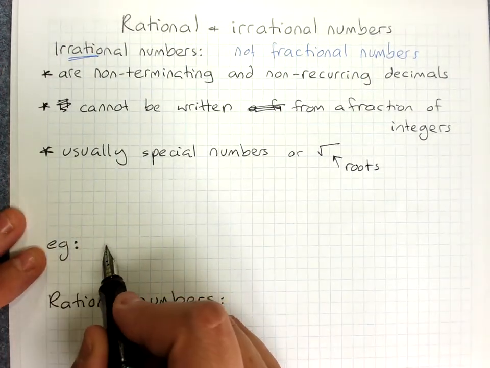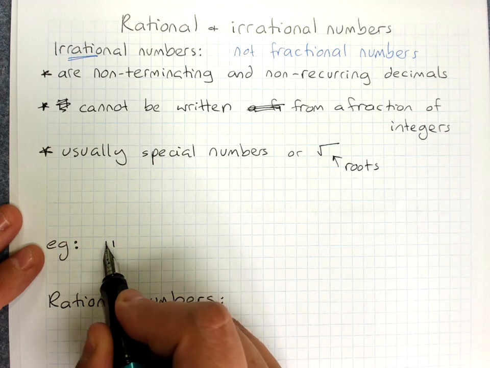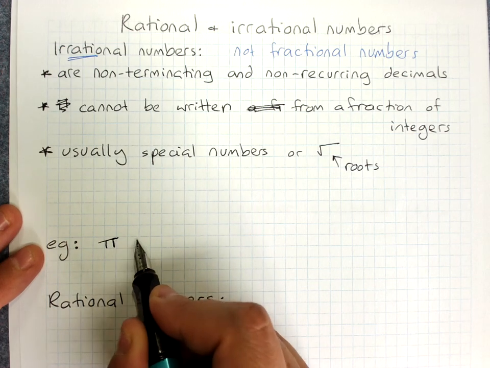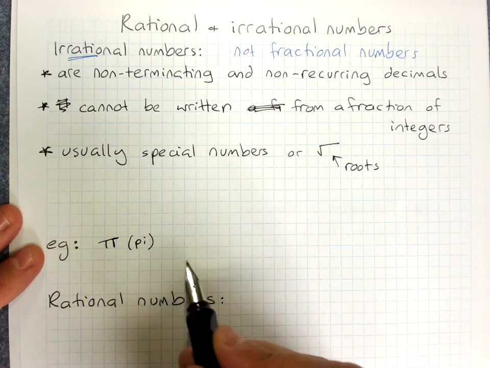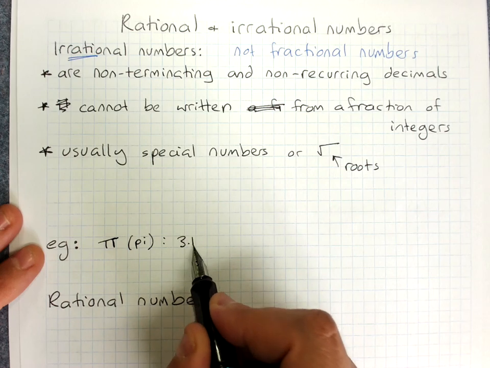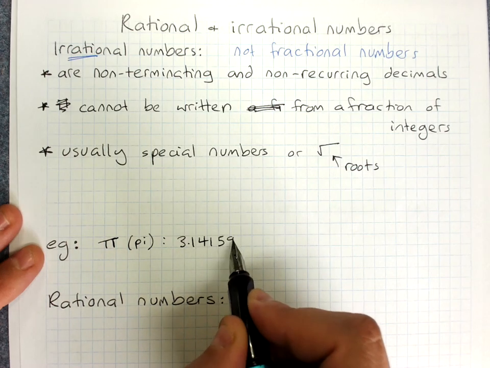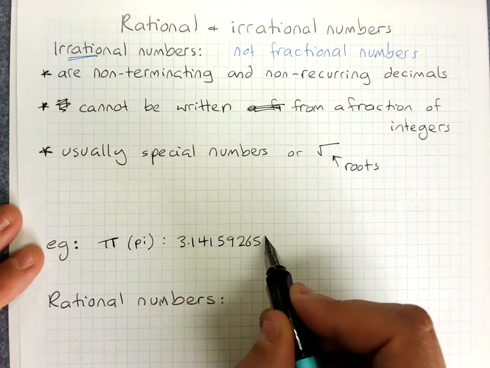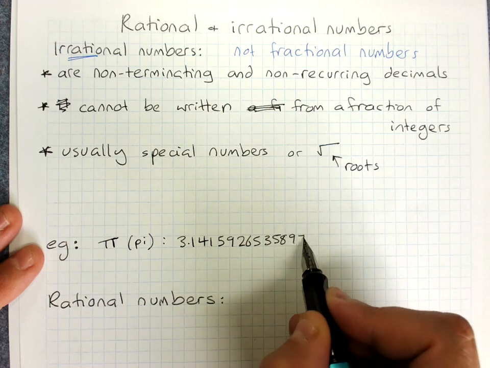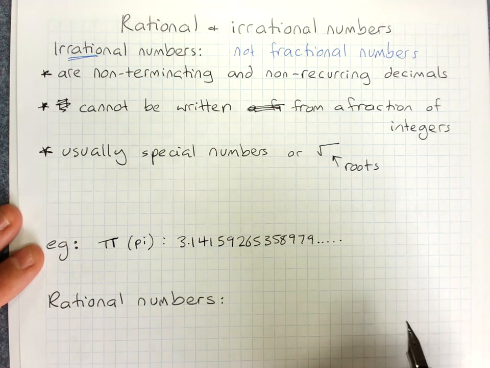A couple of really well-known irrational numbers are pi, 3.1415926535897, it just keeps going.